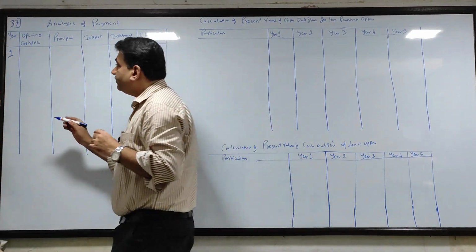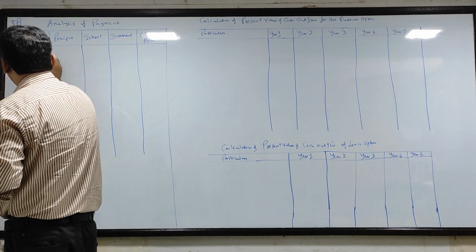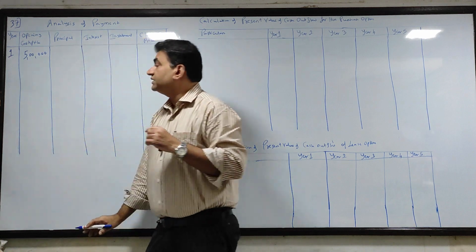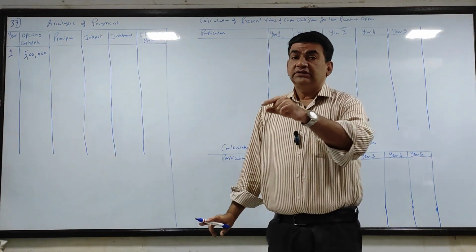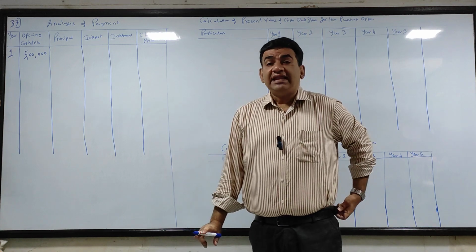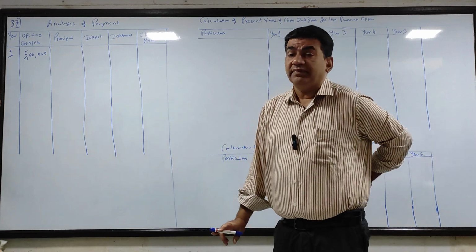Opening cash price will be 5 lakh. There is no down payment. What is the information? 5 lakh you have to pay in 5 equal annual installments.